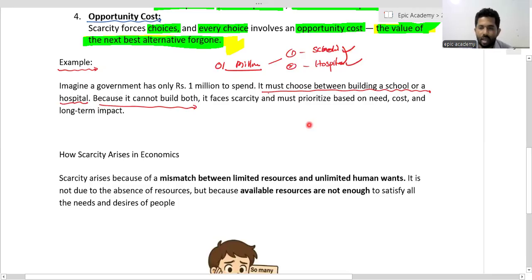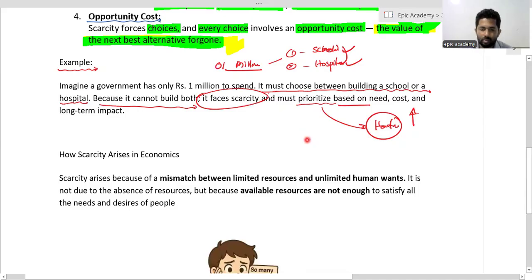It faces scarcity, isn't it? That's the meaning of scarcity. And it must continue the spending of the money because of the priorities. If it is a hospital building, the priority is at a high level compared to the building of a school. So you have to spend the money based on that priority.